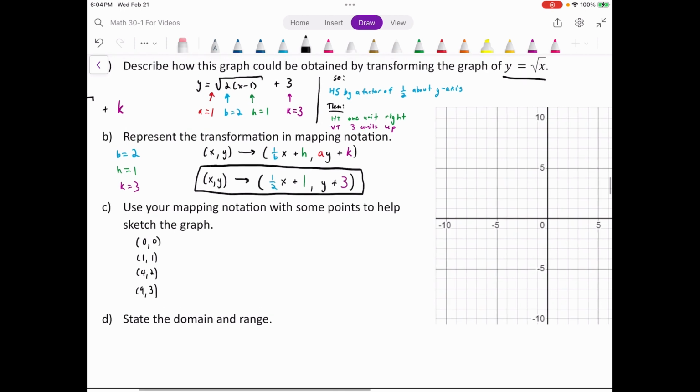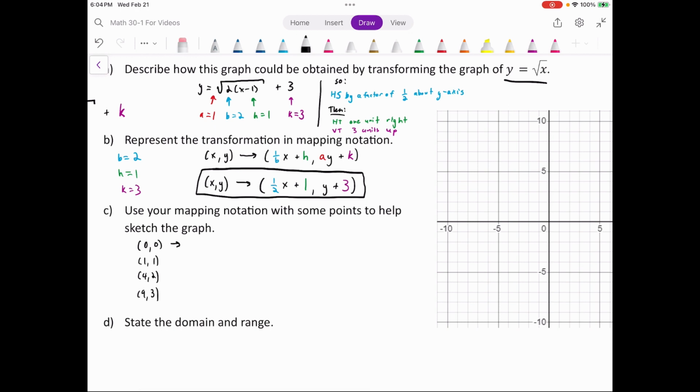So 0, 0. If I take 0, 0 and I apply these transformations to it, so I do 1/2 times x, so 1/2 times 0 plus 1. That will be where that point ends up. We'll figure out what it is in a second. And then I'm going to take my y, so for this point, 0, and I'm going to add k. So for this transformation, 3.